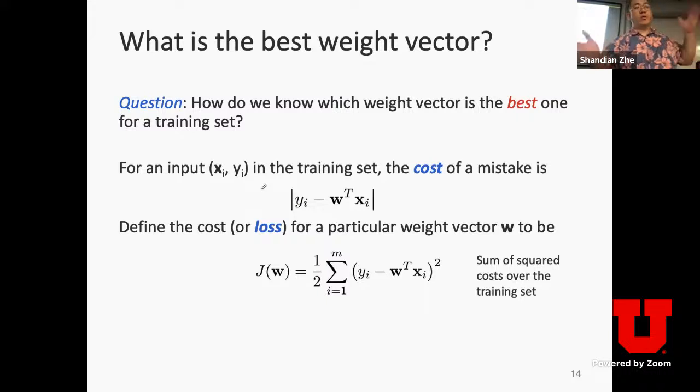Basically, for every training input, we look at the difference between my prediction and the ground truth. The larger the difference, the more cost you should pay. Overall, we look at the summation of all the cost on the training set, which we call the total cost on the training set, and we want to minimize this total cost.